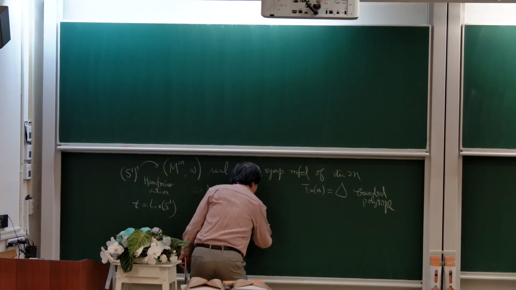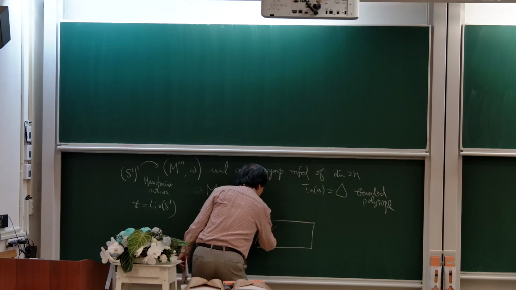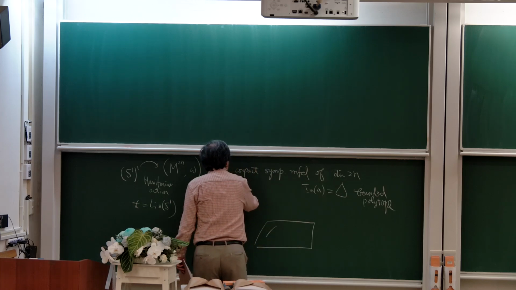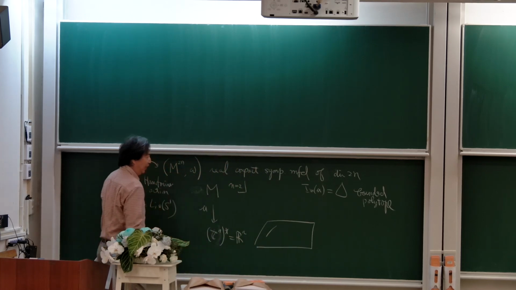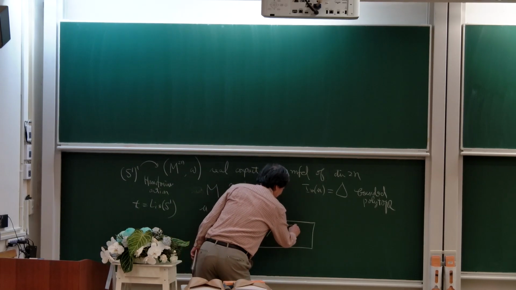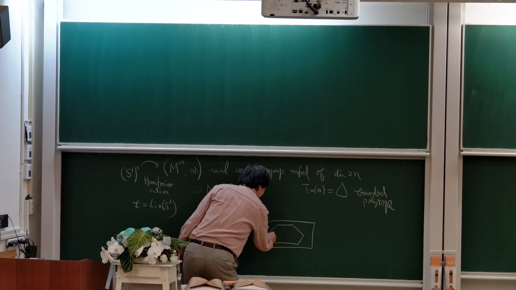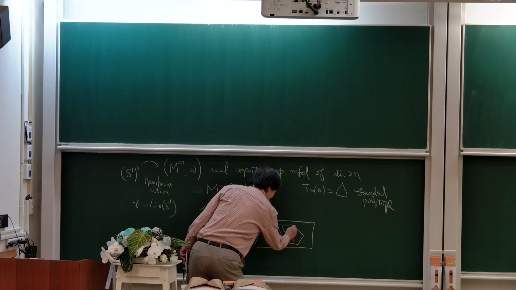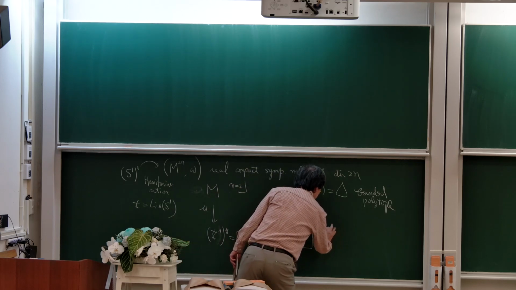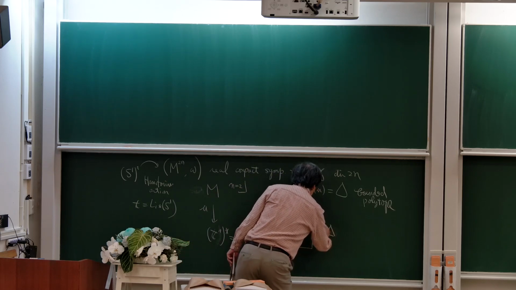And so the situation is as follows. This is dimension n, say n is two in this case. The image is like this, this is a polytope.